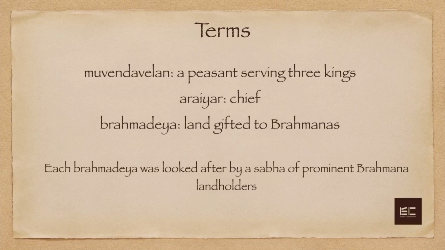So the members of the Sabha looked after Brahmadeya, and they also looked after irrigation work, gardens and temples. So like Nadu used to collect taxes and deliver justice, this Sabha used to look after Brahmadeya, irrigation work, gardens and temples.